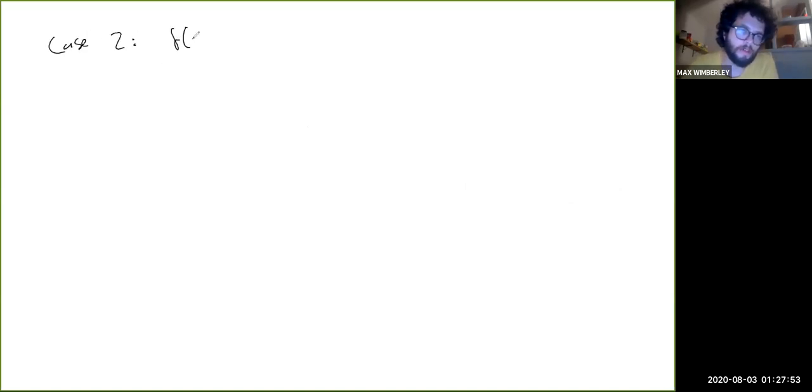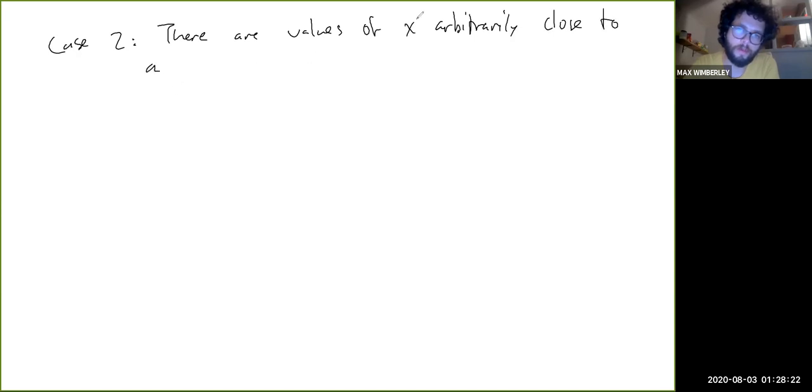is where f of x equals f of a. So let's say there exist values of x arbitrarily close to a, which are still distinct from a, but arbitrarily close to a, such that f of x equals f of a.